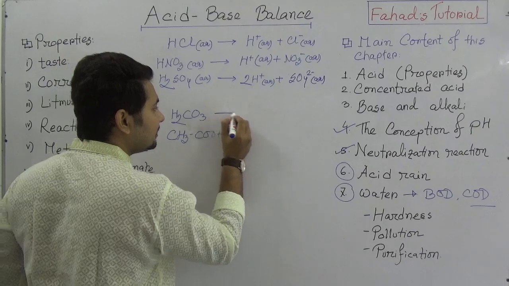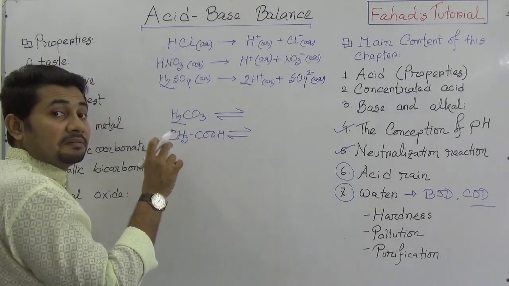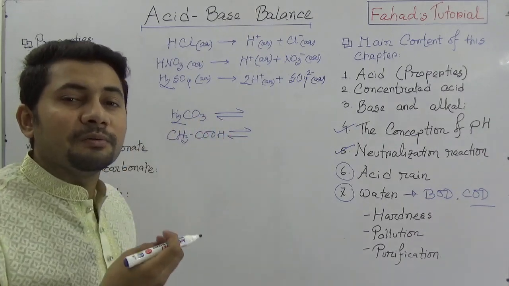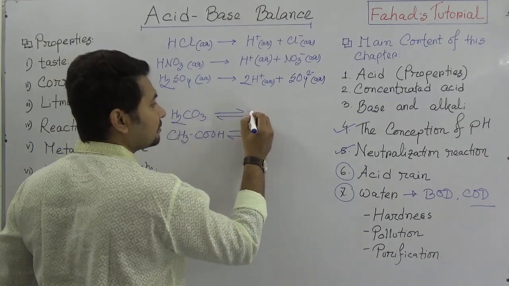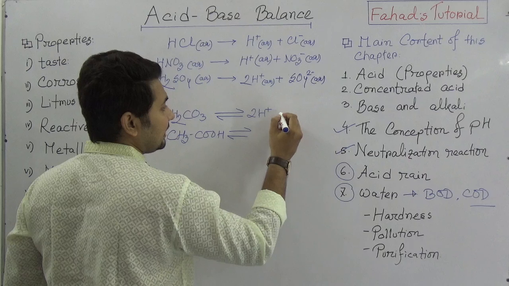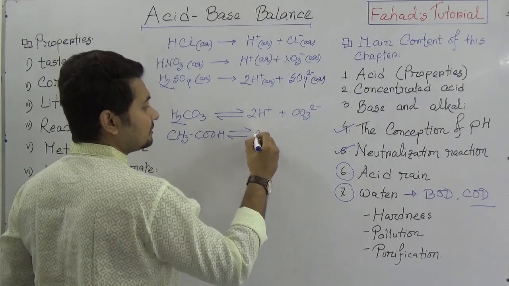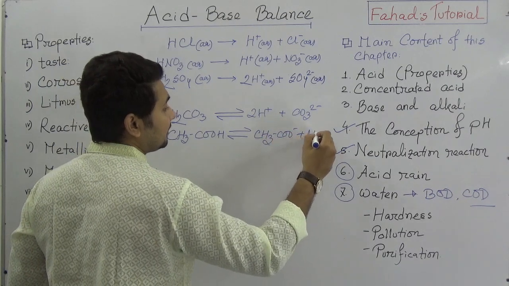When they dissolve, we need to express these reactions with this reversible sign. It means that this is a weak acid or dilute acid. So here it will produce 2H plus aqueous plus CO3 2 minus. Here I mean CH3COO minus and H plus.